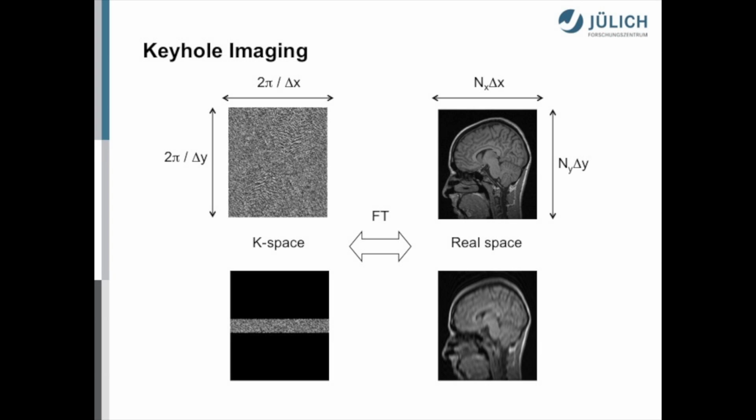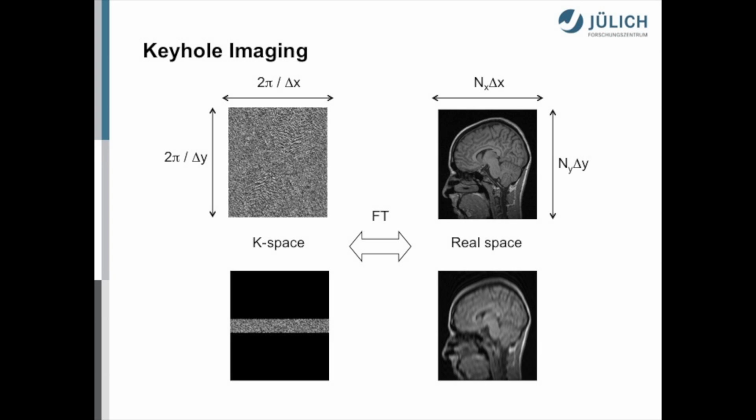I'll explain the differences. So, as you know, our beloved K-space is related by the Fourier transform to real space. Part of it looks like that. If I Fourier transform that, I get my MR image. So that's, what do you call it in the US? MRI Basics 101 or something? Yeah, there you go. And that's done.